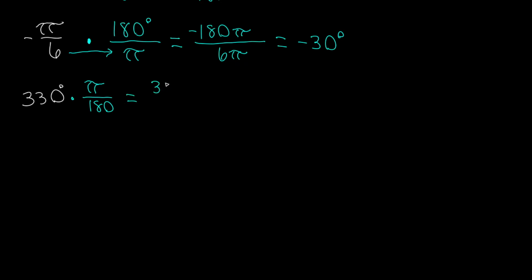So now we have 330 degrees pi over 180. And if you can see it, 30 goes into both of these. It goes into 330 11 times, and it goes into 180 6 times. And we're left with 11/6 pi radians.